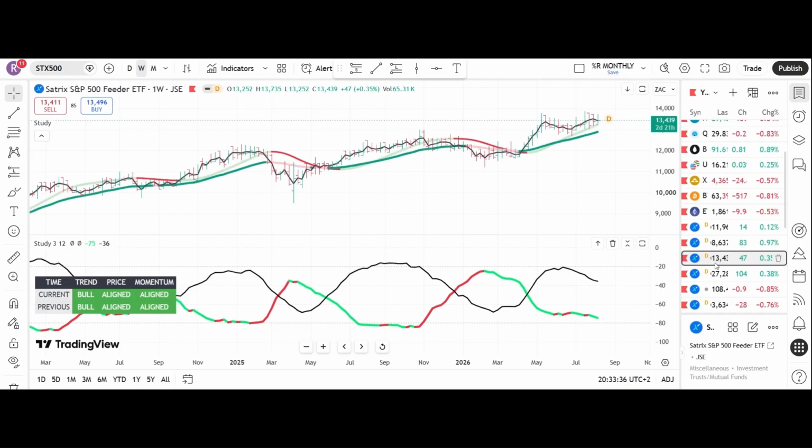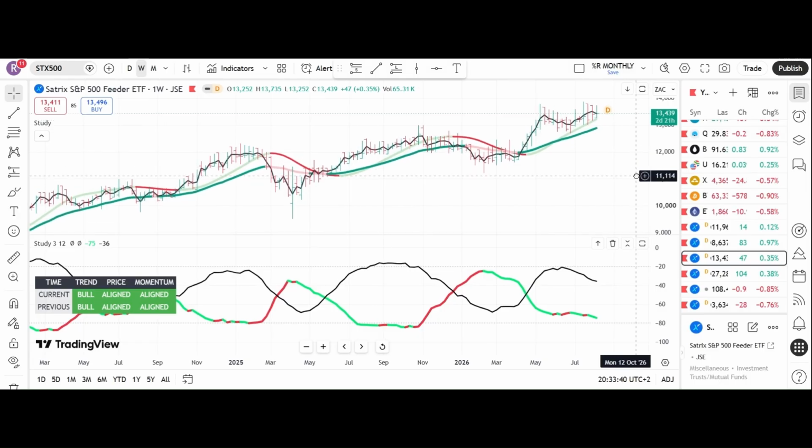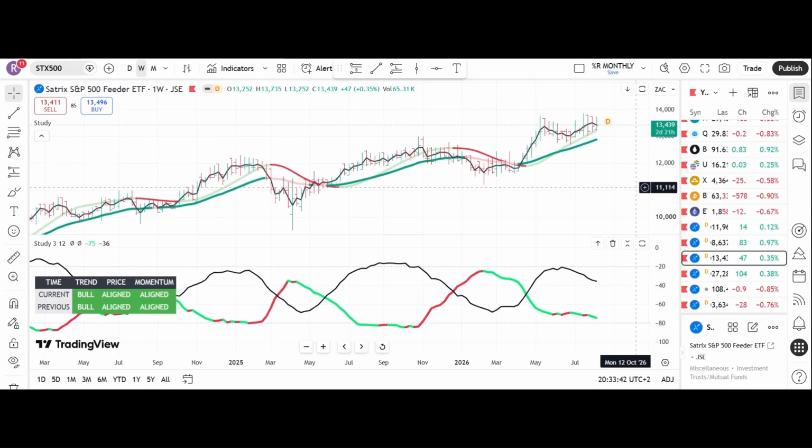The Satrix 500, basically the S&P 500 feeder fund. We see that the trend is still bullish, and price and momentum are aligned with that.